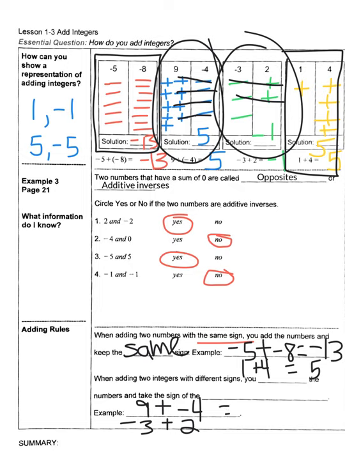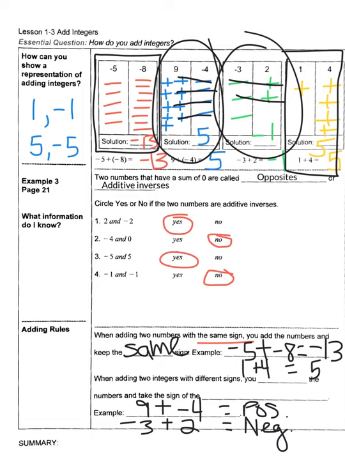How could I look at the 9 and negative 4 and automatically tell you that this is going to be a positive answer? And how can I look at the negative 3 and the positive 2 and automatically tell you this is going to be a negative answer?